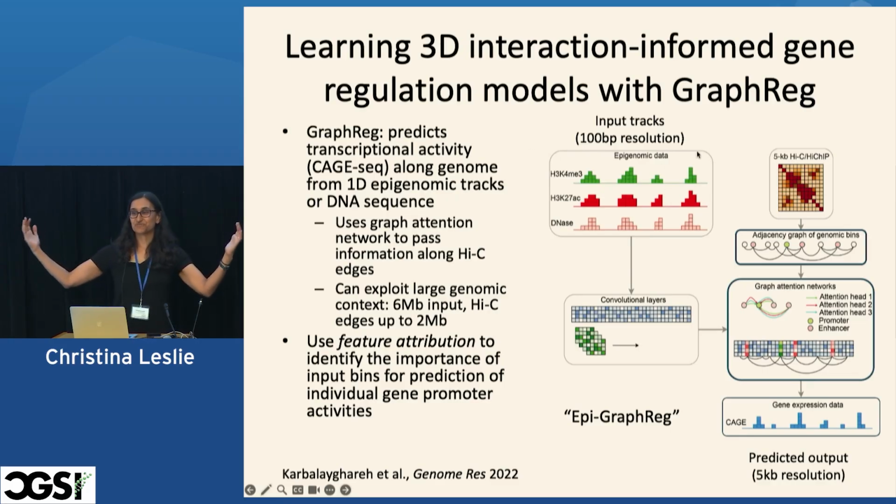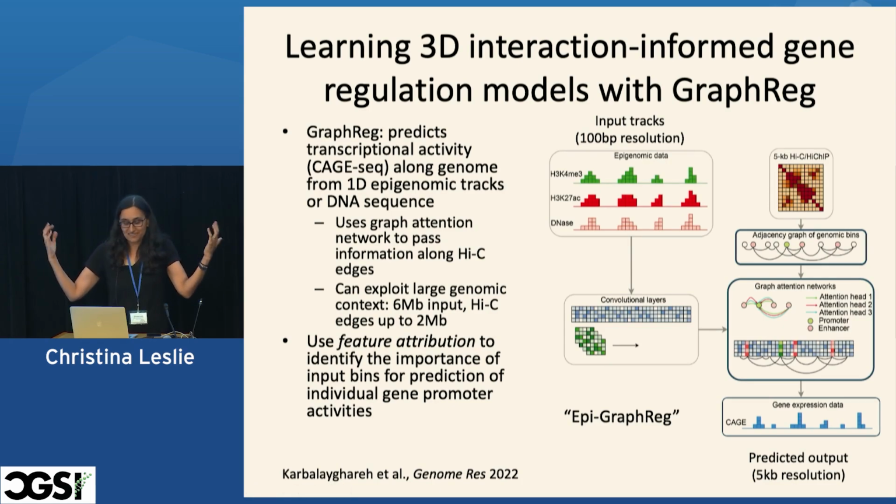The context is really big, okay? We're taking 6 megabases of context. It's still the biggest model. That context is actually bigger than AlphaGenome. We have these Hi-C edges that are up to 2 megabases. The first step is we use just convolutional neural networks to learn representations of the epigenomic data.